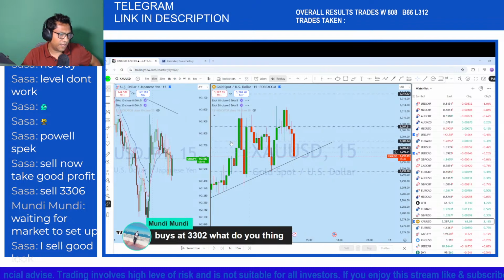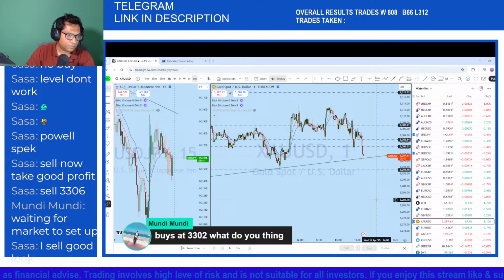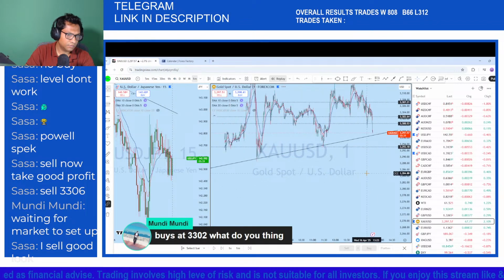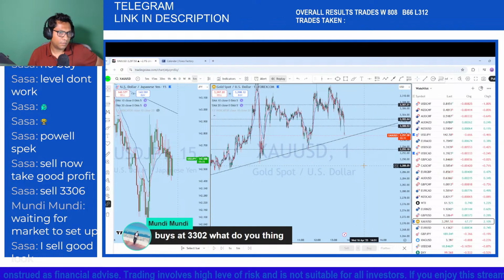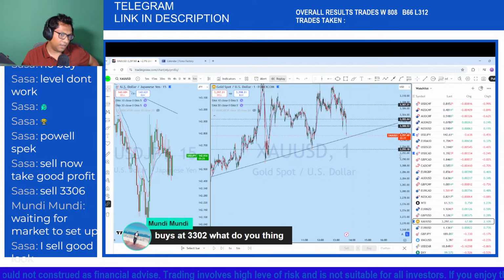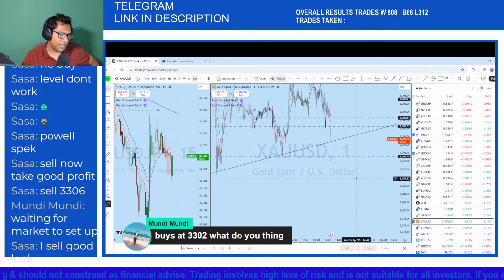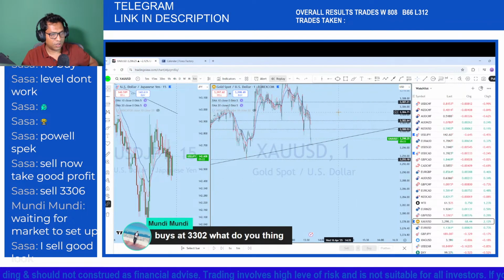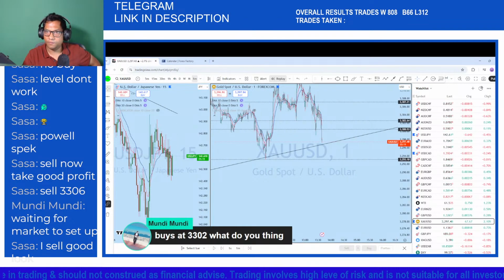Yeah, so coming back here to that support. Once it breaks from this trend line that we are seeing and the 3293 level, we will see that possibly we can look for a short-term buy once we see the price is rejecting from that level.